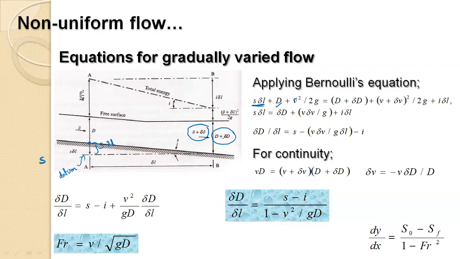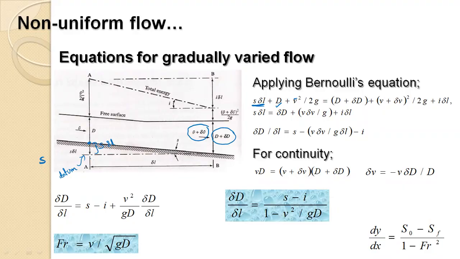We don't know the magnitude of delta D and delta V. We just want to say there is a change at point B compared to point A due to the non-uniformity along the flow. So V plus delta V would be the velocity at point B, and accordingly the water depth at point B would be D plus delta D.